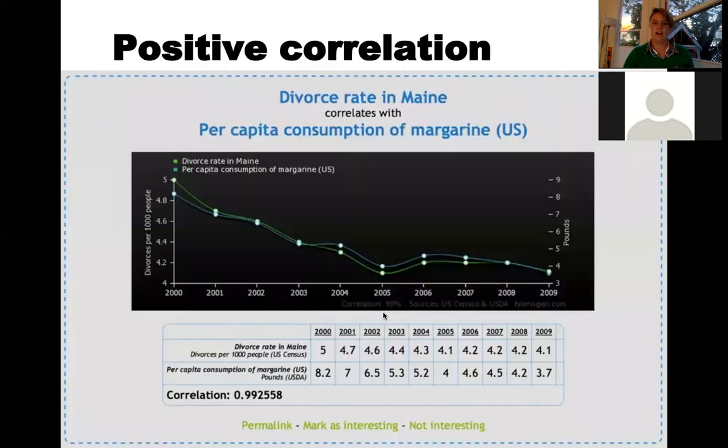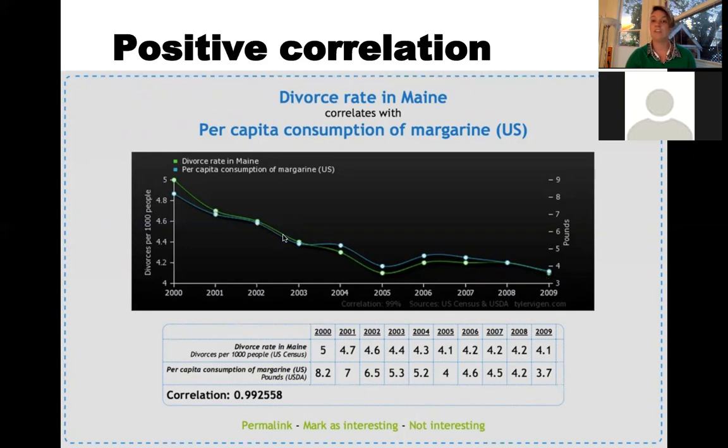Here's another example of a positive correlation. I guess my lasagna example would be one that's going closer to 0, I'm sorry. The divorce rate in Maine seems to be related to the consumption of margarine. The divorces per 100 people is decreasing, and so is the per capita consumption of margarine at the same rate, almost side by side.